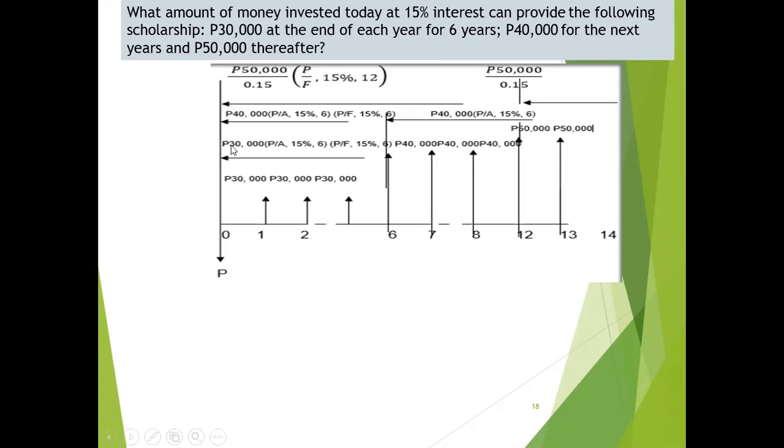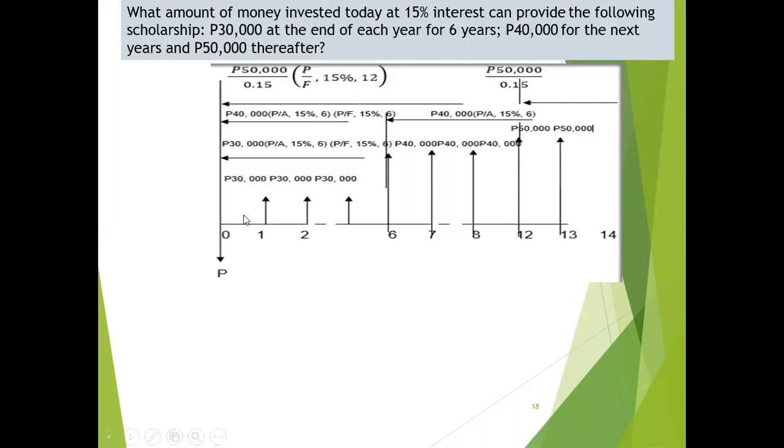So from the cash flow, we want to determine how much money you want to invest so that you will receive 30,000 for the first 6 years, then 40,000 for the next 6 years, then 50,000 thereafter.